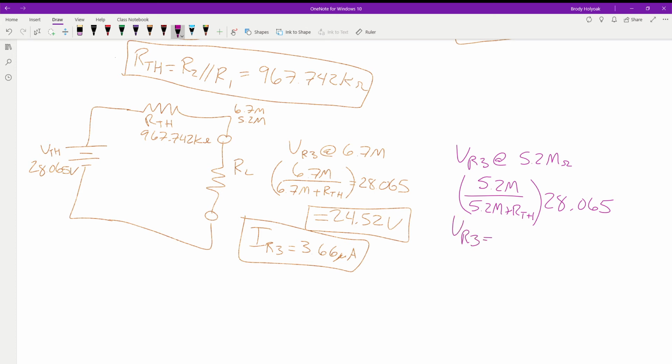So what does that voltage come out to be? Okay.